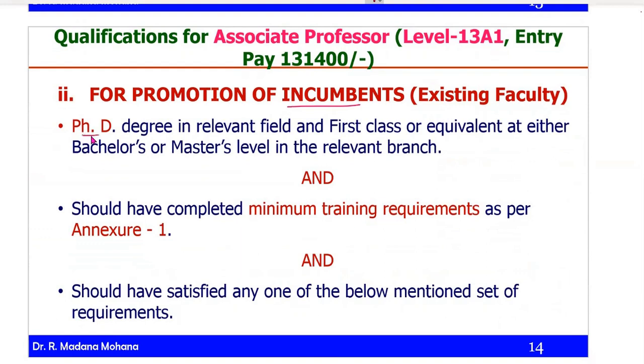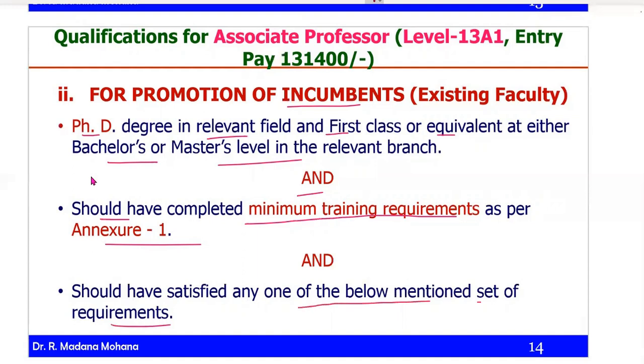So here also minimum PhD degree in the relevant field and first class or equivalent at either bachelor's or master's level, and should have completed minimum training requirements as per the annexure 1, what we'll discuss at the end. So for promotion of incumbents, that means existing positions to associate professor, here minimum training requirements need to be satisfied also, and should have satisfied any one of the below mentioned set of requirements.